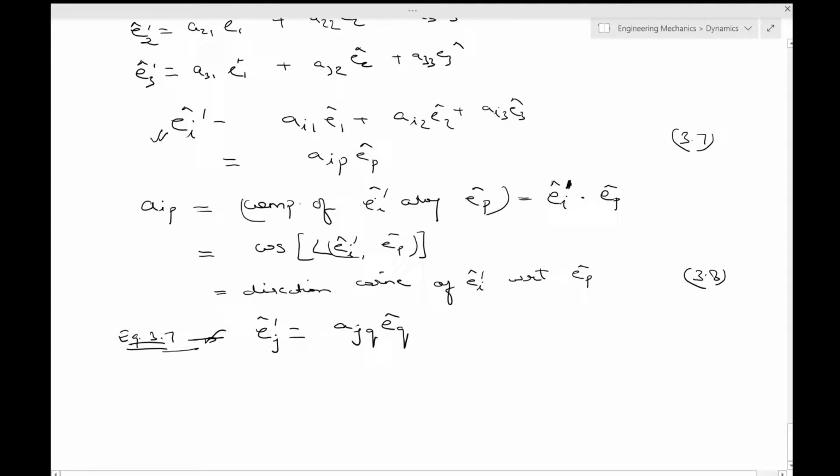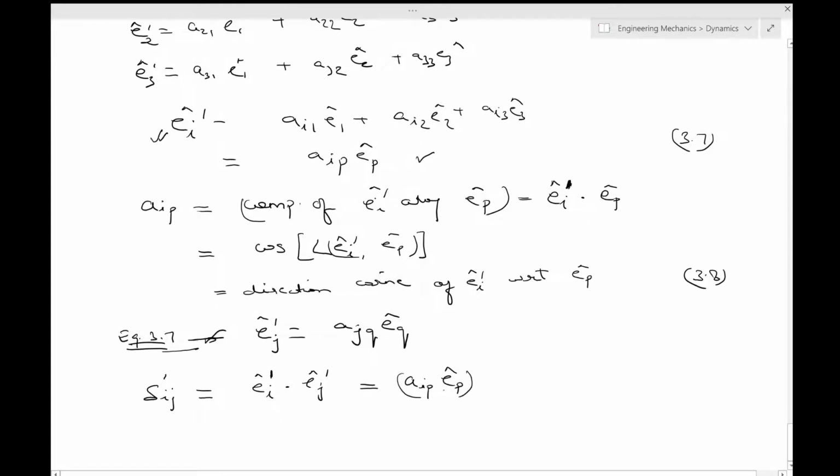Now delta ij dash is equal to e_i dash dot e_j dash. This is something which we already know, so e1 dot e2 is equal to delta 12. Now e_i dash we want to write from over here, that is a_ip e_p.